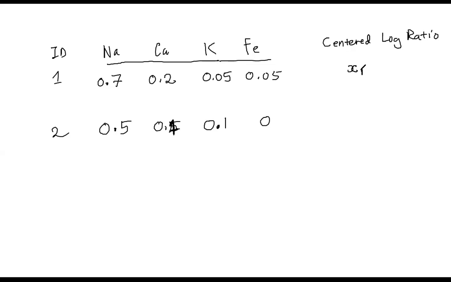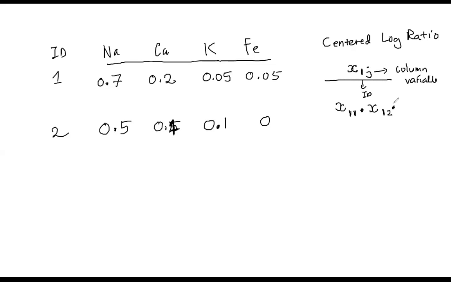So this is x with subscript 1, where 1 represents the ID, and j denotes the column variable. You will divide it by the geometric mean of the row. The geometric mean is as follows. You basically multiply everything together.